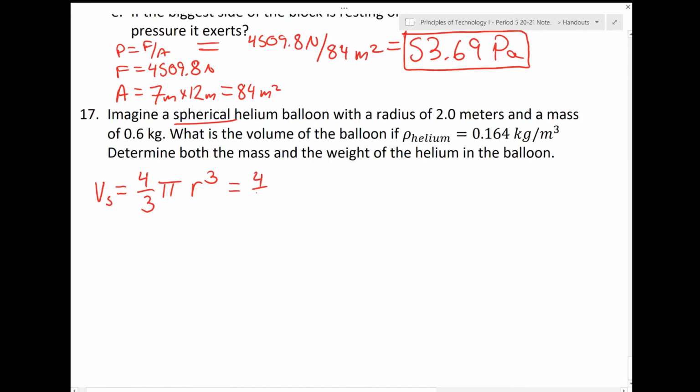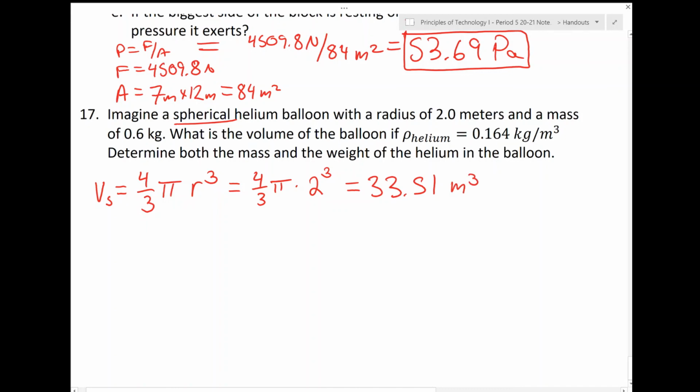This becomes 4/3 times pi times the radius of the balloon is 2 meters. So 2 to the third power. Calculating that, we get 33.51 cubic meters.